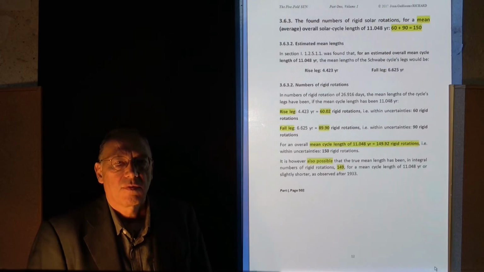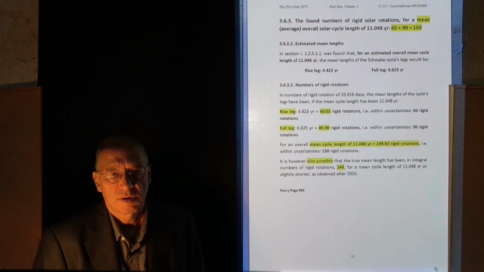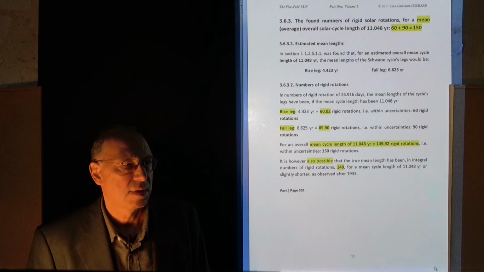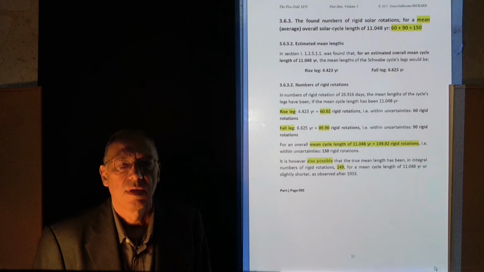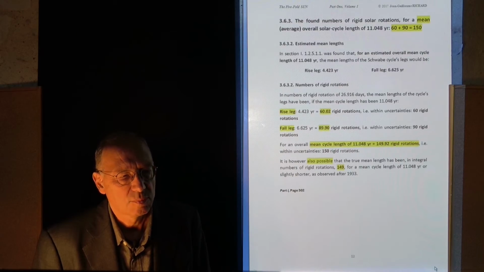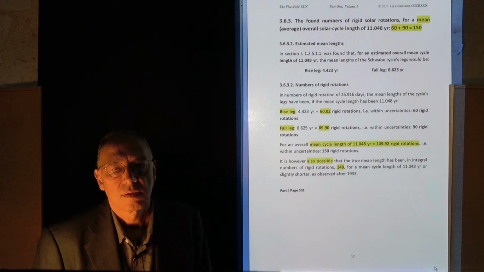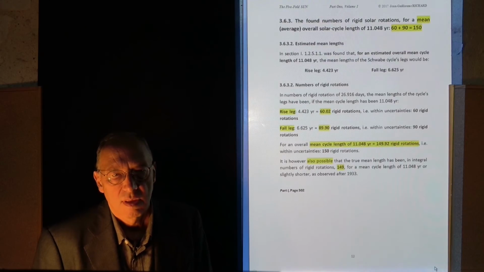And of course, some of those who are listening to this lecture may think that this is maybe not true. Maybe there is so much uncertainty in the measurements that in fact this exact proportion is probably not verified.